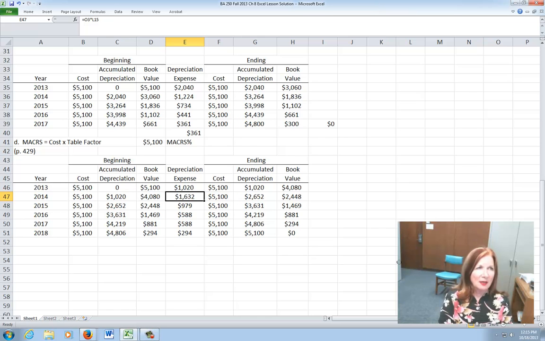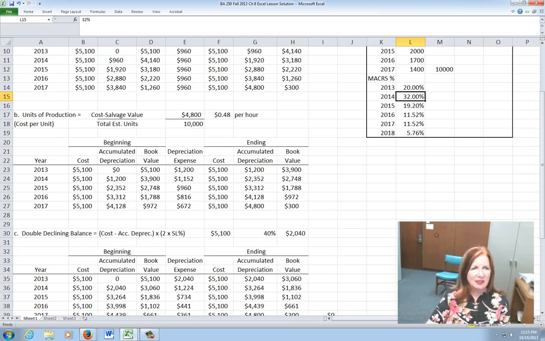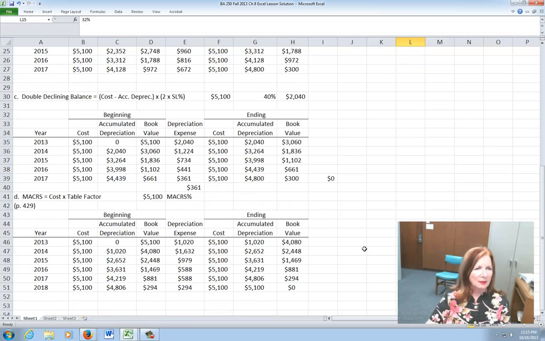Now the depreciation is always the cost, which you can get either at O3 or at D41, times the second entry in the data table, which is L15. So we would be seeing a formula here that said O3 times L15, and that's going to be the depreciation expense.